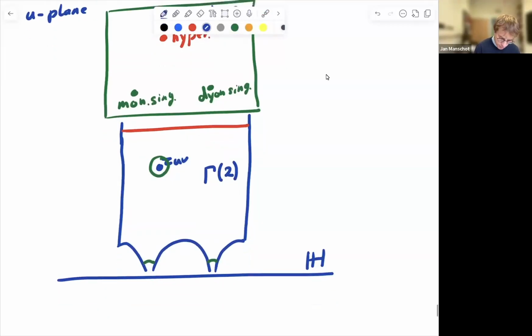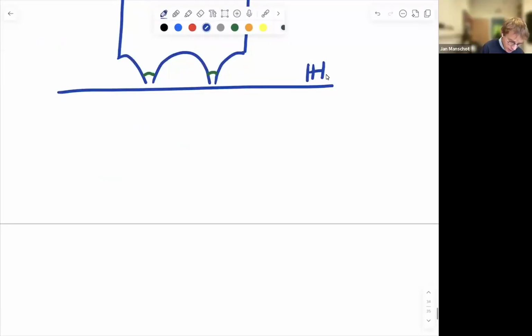Okay. And we can evaluate the U-plane integral. The U-plane integral in this case again depends on the second Stiefel-Whitney class or first Chern class of the gauge bundle. It depends on the period point J. As we discussed, it depends on C UV, and it depends on tau UV.